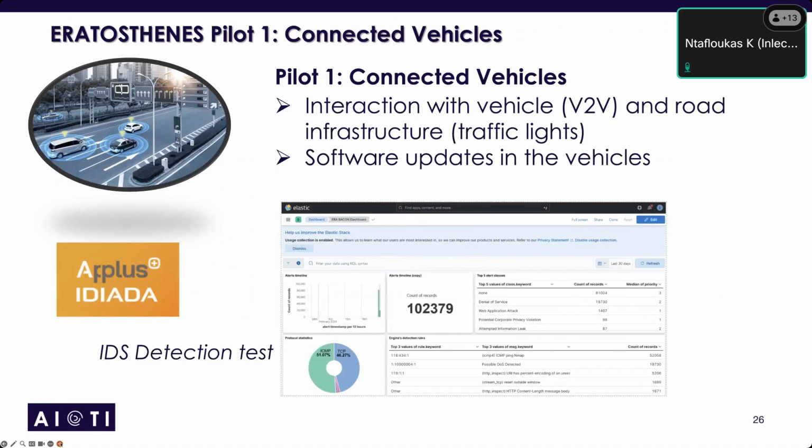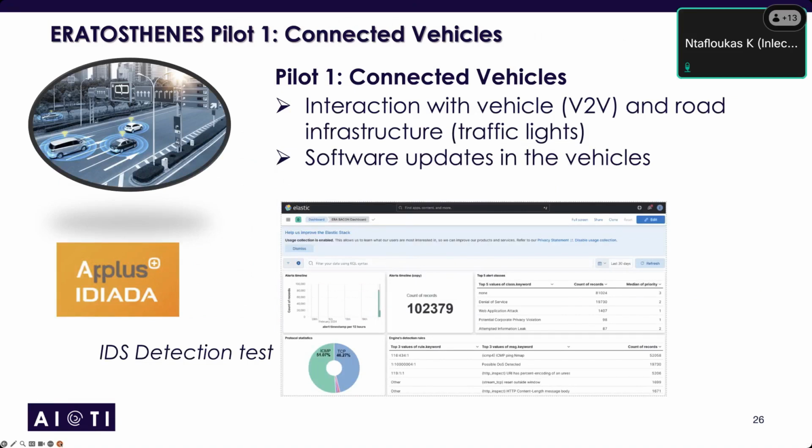In order to validate the tools that were developed during the project, we have as first large-scale pilot, the one that was managed by IDIADA, and is related with the connected vehicles.